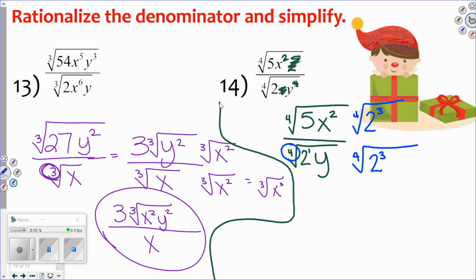Two cubed is 8. How many more y's do I need? I need 3 more, right? I need 4 altogether. Here's 1. I need 3 more to make 4.